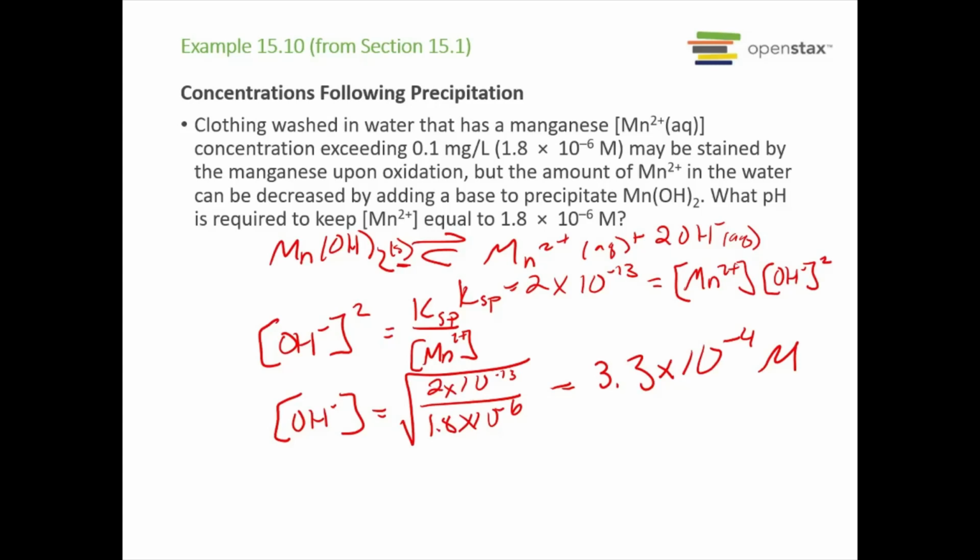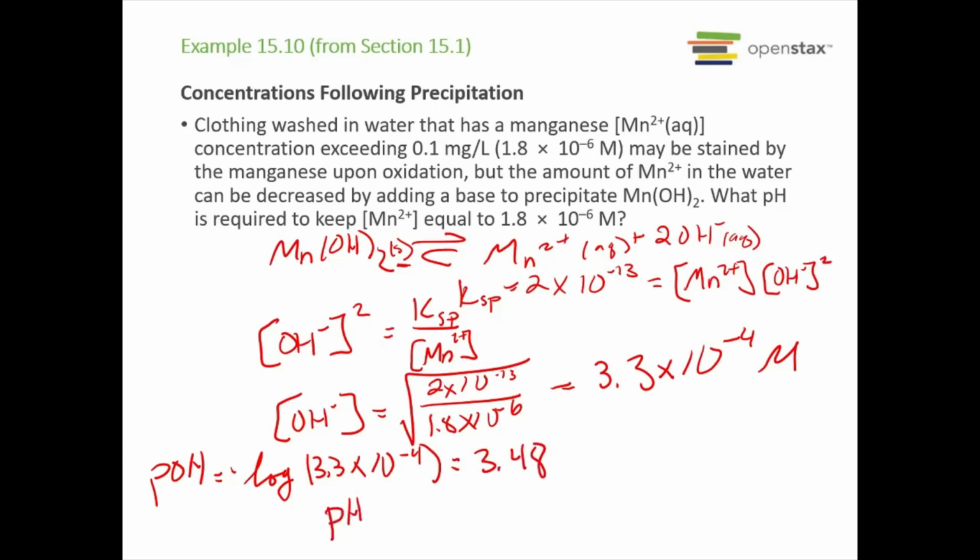So now we can go ahead and use this to calculate pOH. So pOH is equal to the negative log of 3.3 times 10 to the negative 4th, which is equal to 3.48.